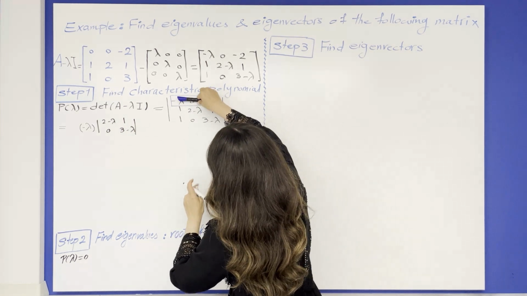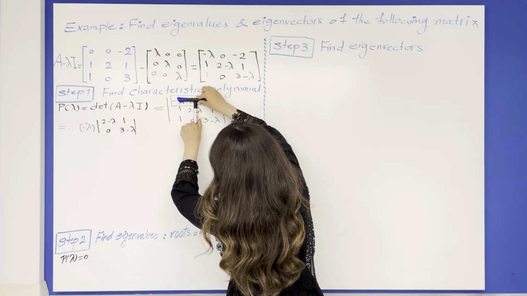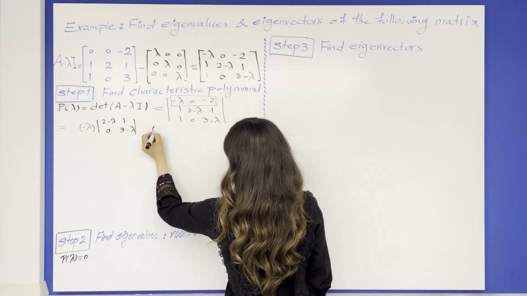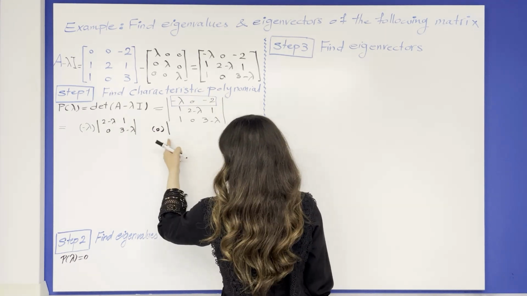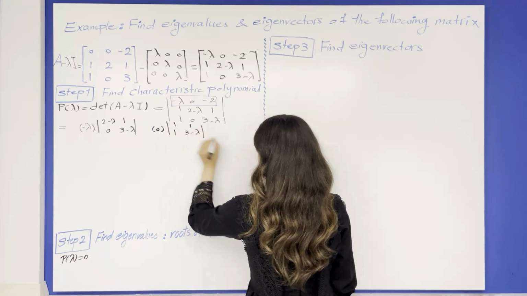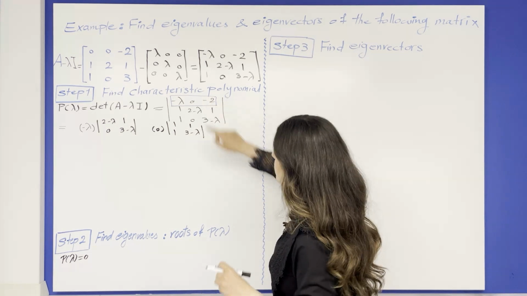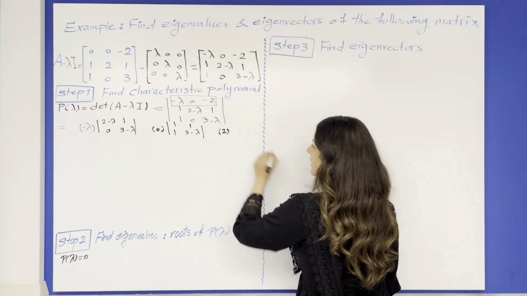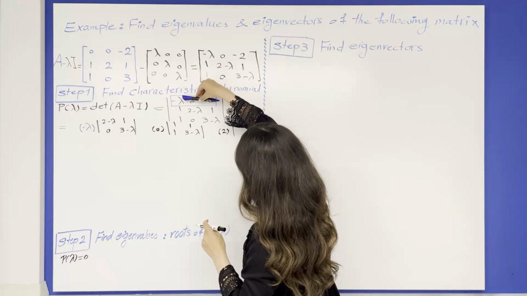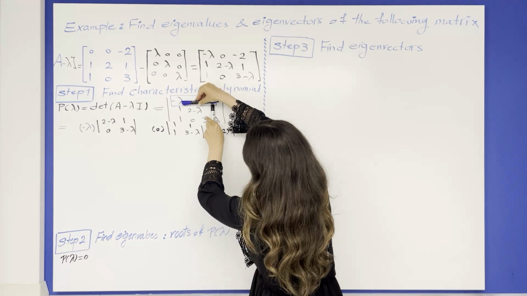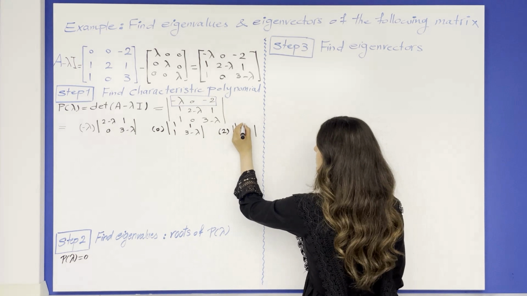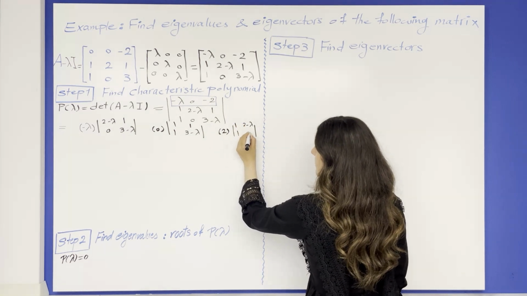Delete its row and column, and you have the submatrix 1, 1, 1, 3 minus lambda. So 0 times the determinant of that. Now move to the next entry, which is negative 2, and multiply it by the determinant of the submatrix formed by deleting its row and column. It's going to be the submatrix 1, 2 minus lambda, 1, and 0.